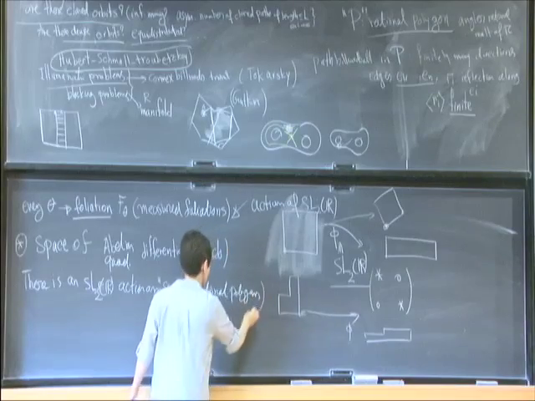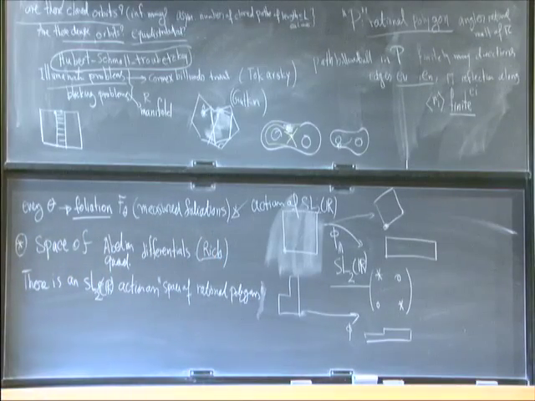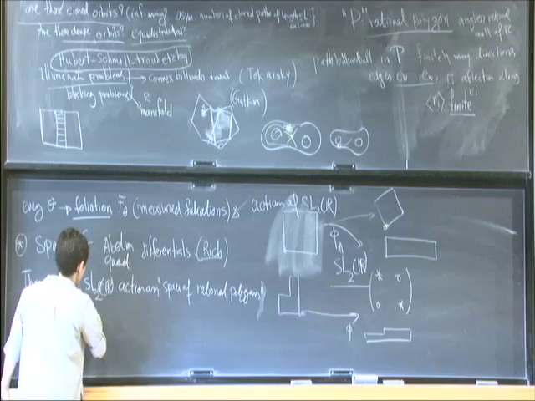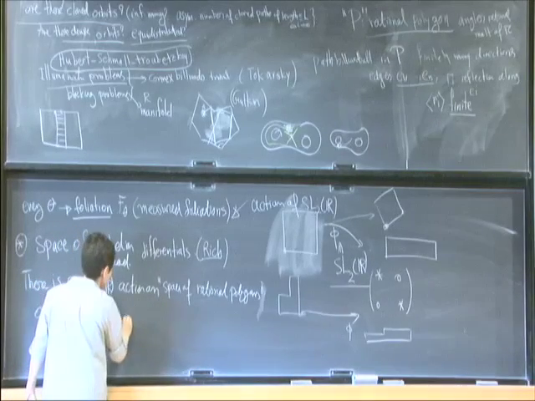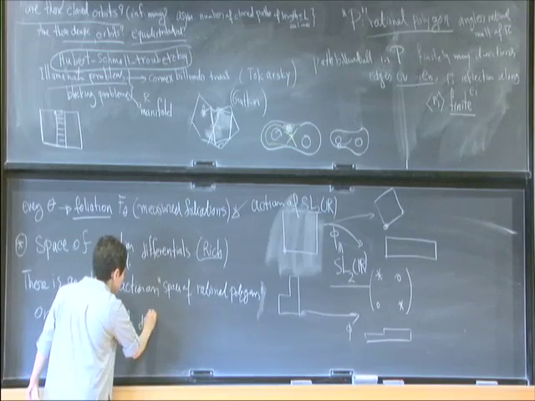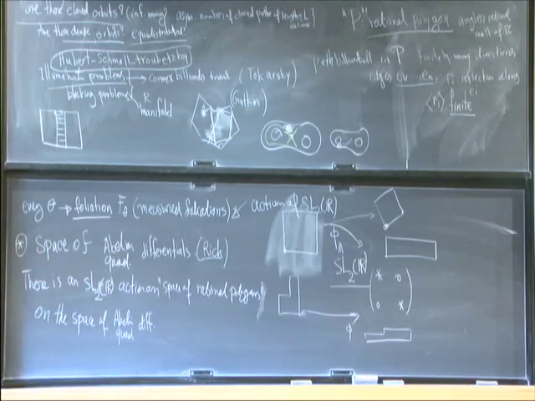And even if you look at each rational polygon, which gives you an abelian differential on the space of abelian or quadratic differentials. OK, but unfortunately, these two are not quite the same things.